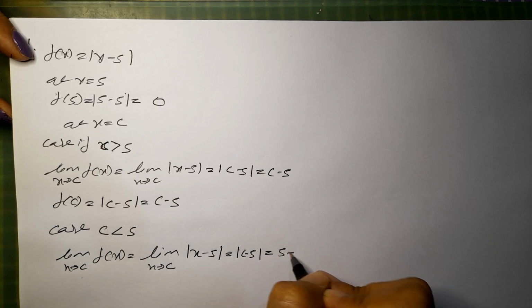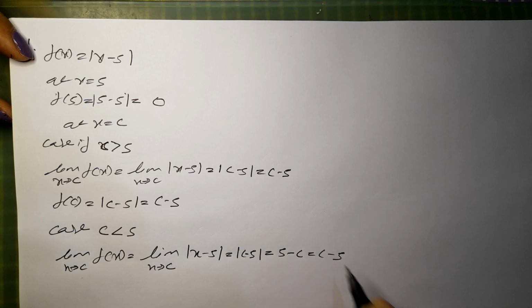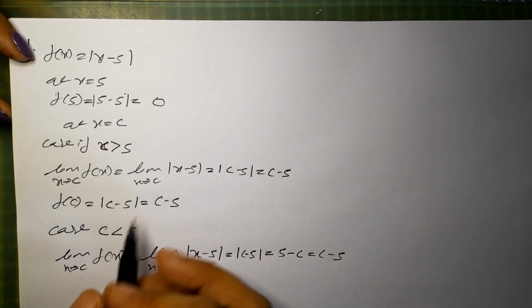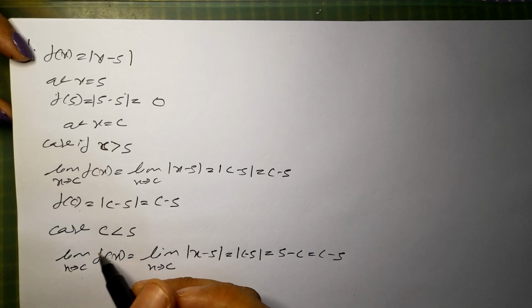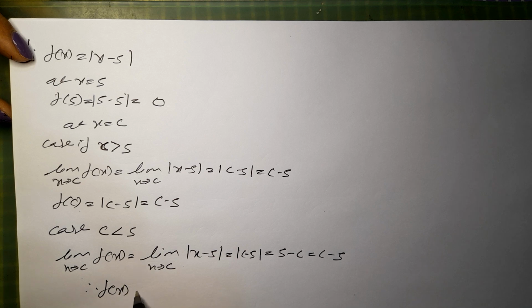It will give 5 minus c. And f of c is this one, so here also f of c will remain the same. Therefore f of x is continuous.